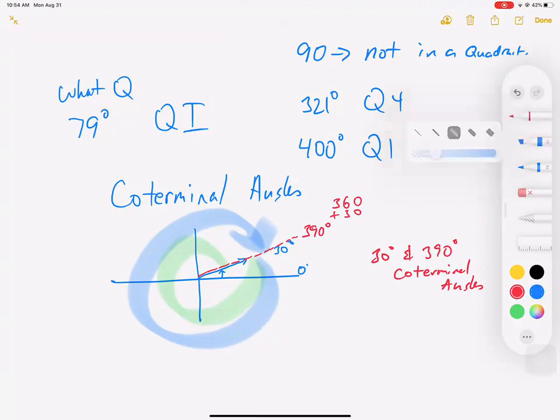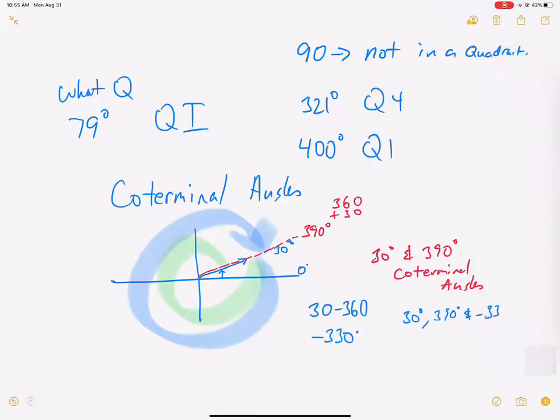So if I go 30 degrees minus 360, because we went in a negative direction, this leads me to an angle of negative 330 degrees. So 30 degrees, 390 degrees, and negative 330 degrees actually are all coterminal.